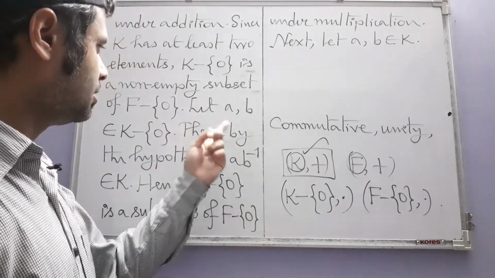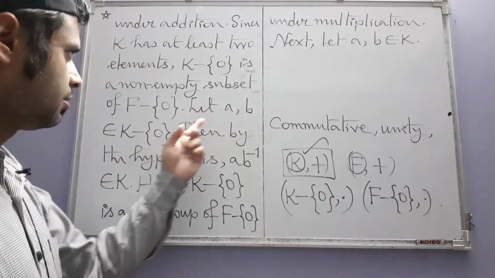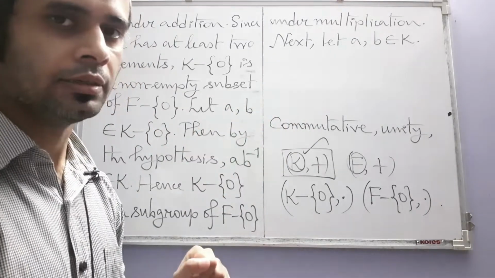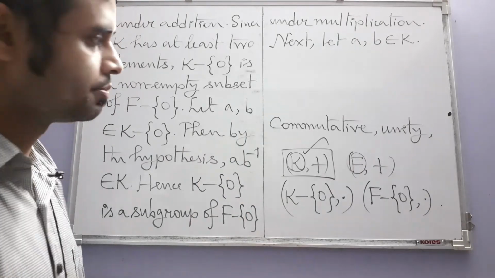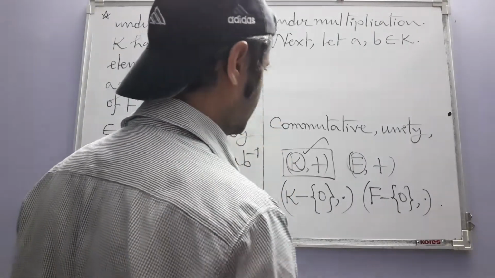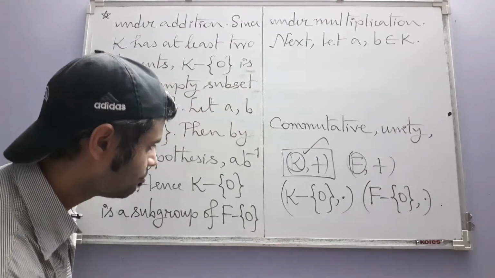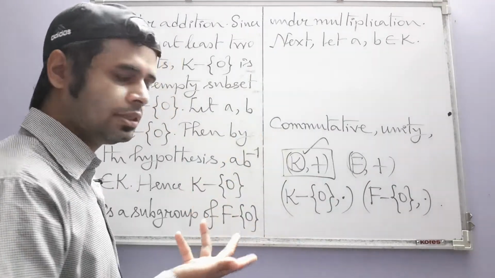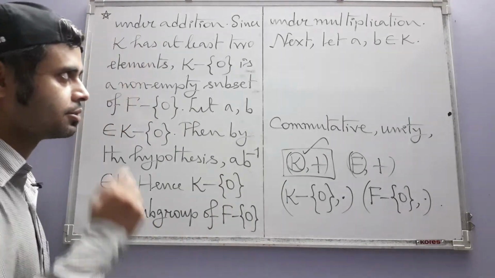Whatever A and B we take here, you should not think that they are the same thing. They are just variables, not fixed elements. If you feel uncomfortable using the same symbol, you can use C and D and some other things also.